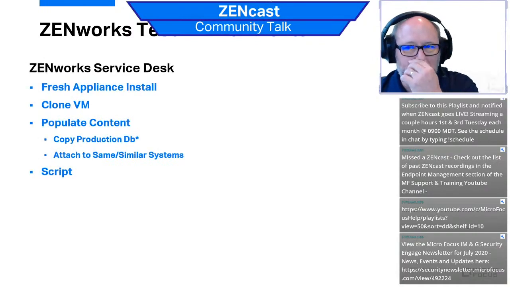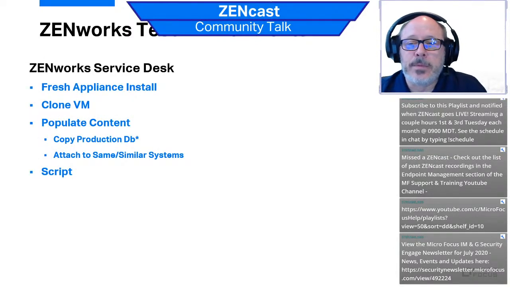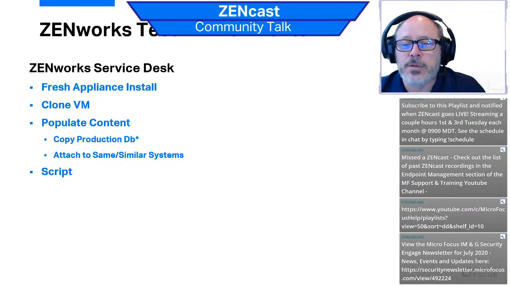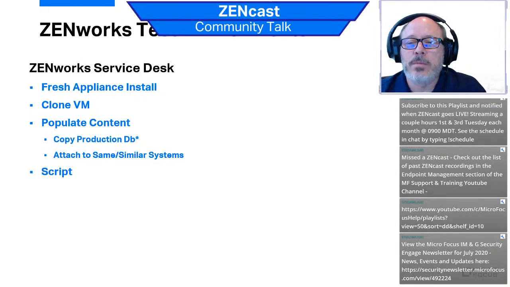So today we're gonna talk about ZENworks Service Desk, which you're gonna show us. Yep. There are ways of reproducing or having a test environment for ZENworks Service Desk. You can have a fresh appliance install. You can clone a VM. You can populate content.